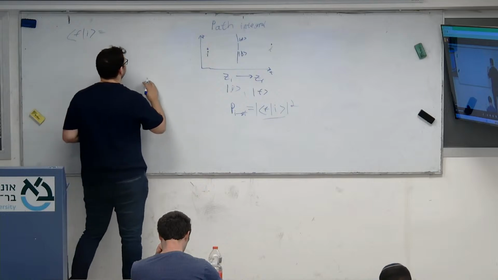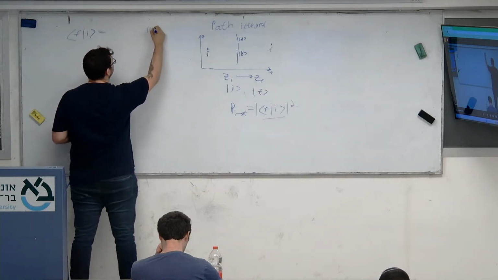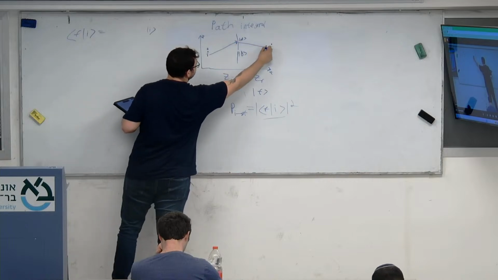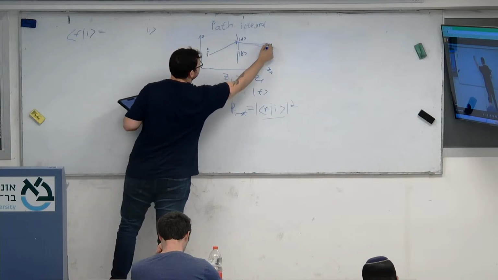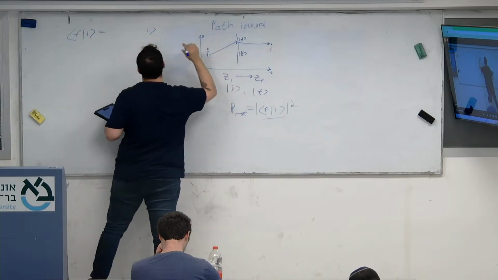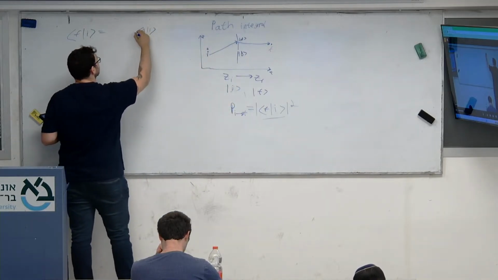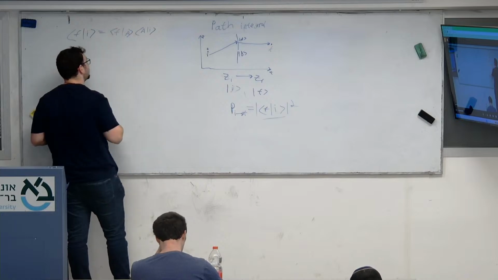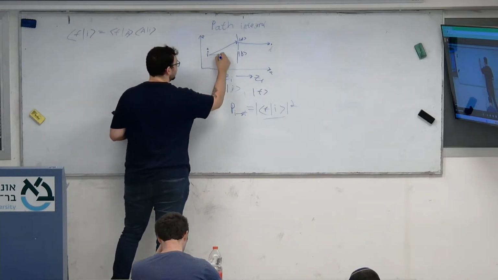First of all, we can start in the location I, move to A, and then go to F. So I, A, F, or we can do the other way around.